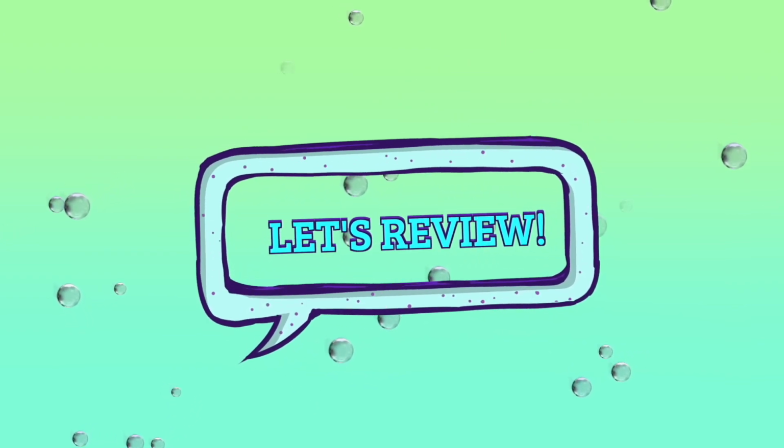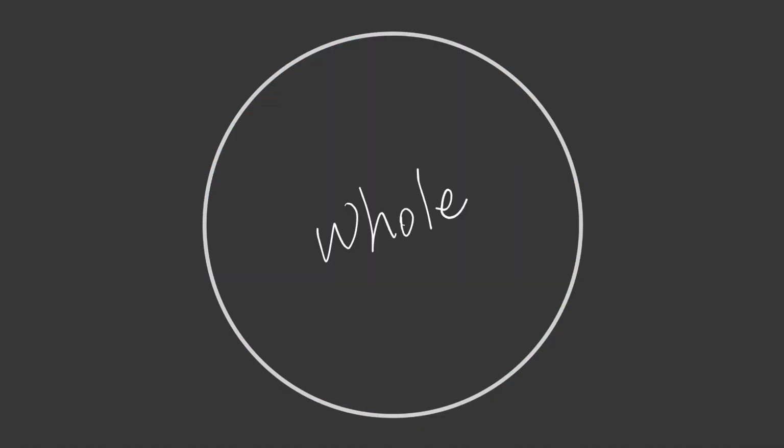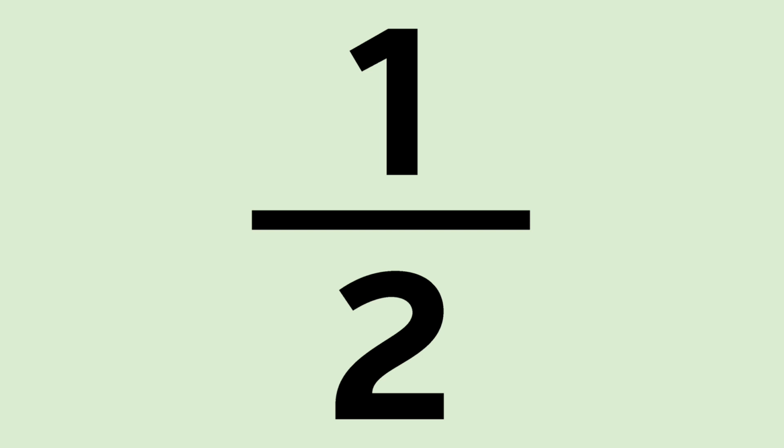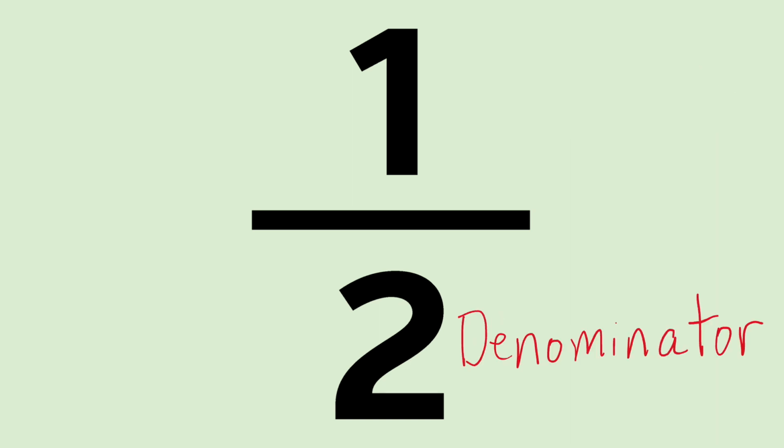Let's review what we've learned about fractions. Fractions describe equal parts of a whole. We usually write fractions using 2 numbers. There's a number on the top, a number on the bottom, and a line in between. The number on top is called the numerator. The number on the bottom is called the denominator.